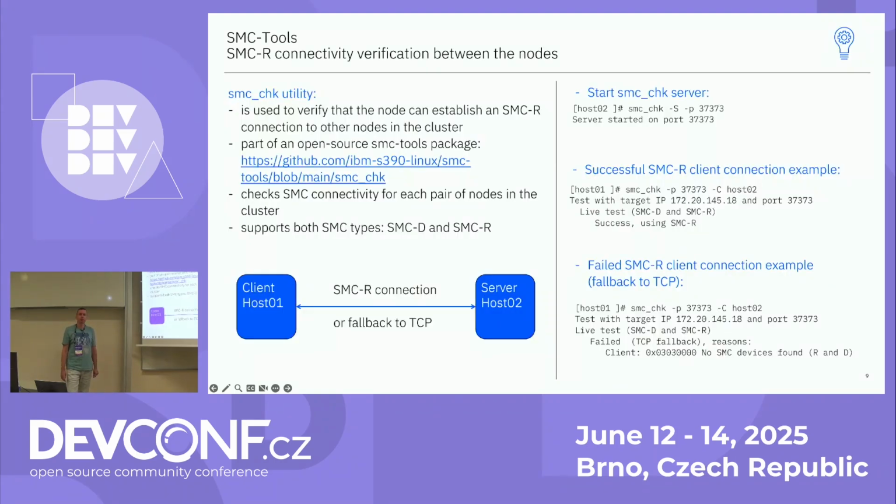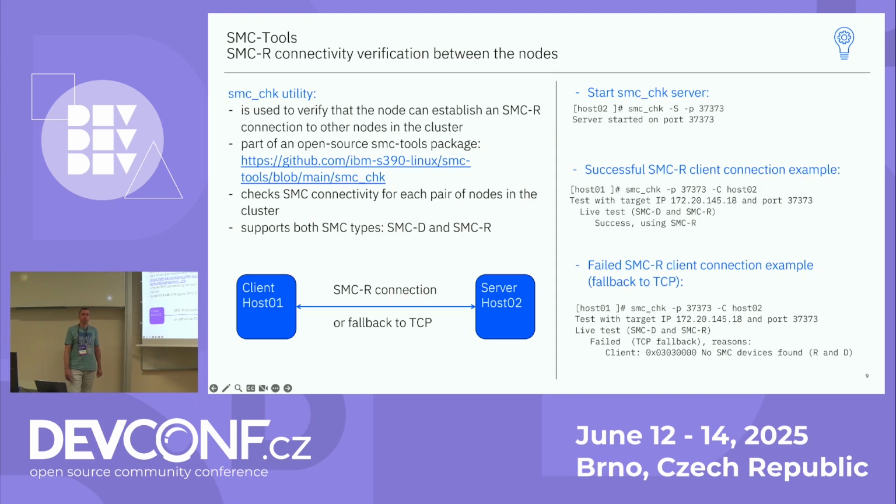The smc_chk command makes sure that connections are using SMC protocol. It runs connectivity tests and displays SMC type, D or R, in case of success, and the error if the test fails or if the connection falls back to TCP.